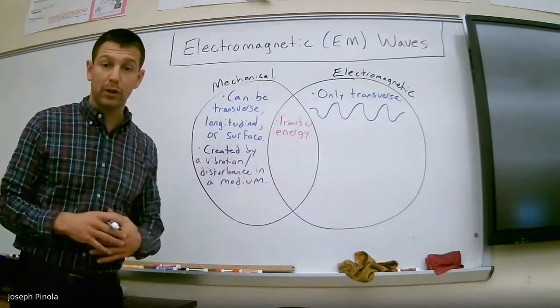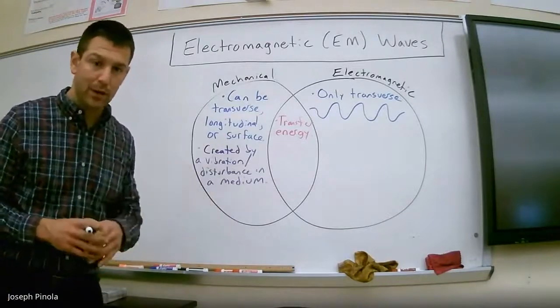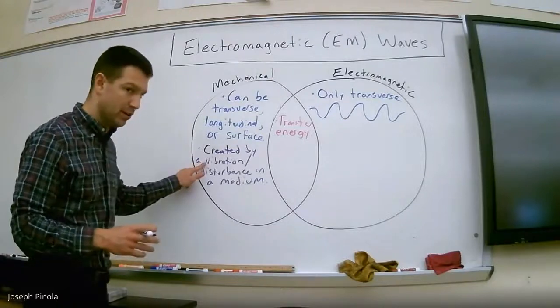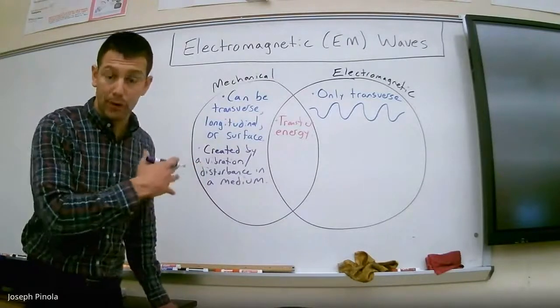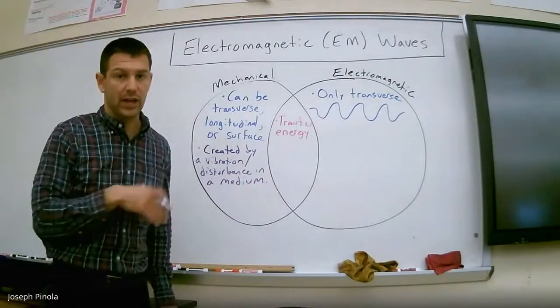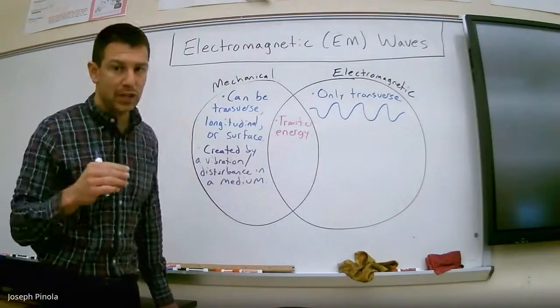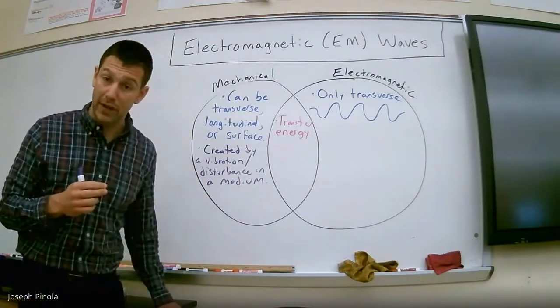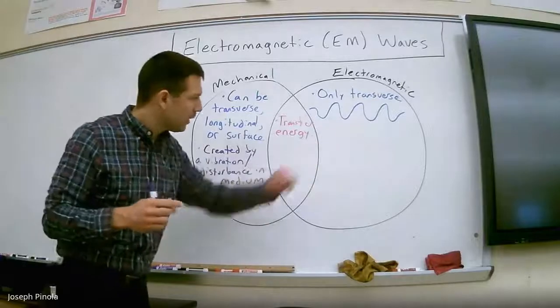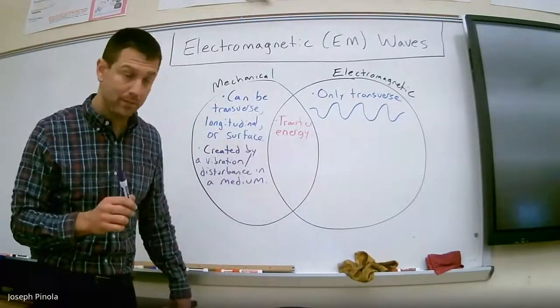This is sort of like when we learned about sound in 17.4. If you were to bang a drum, you would be creating a vibration that would send the energy from the drum through the air in the room to a listener's ear. And that wave that carried the energy from the drum to the ear would be traveling through the medium of air. But an electromagnetic wave is not created by a disturbance in a medium.